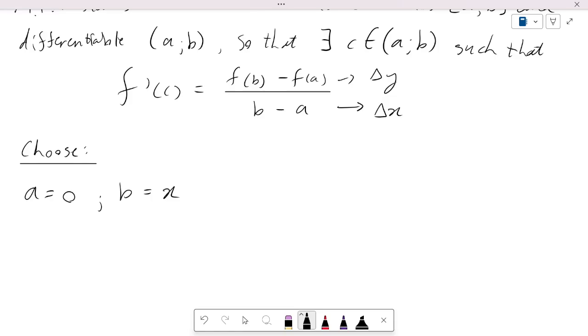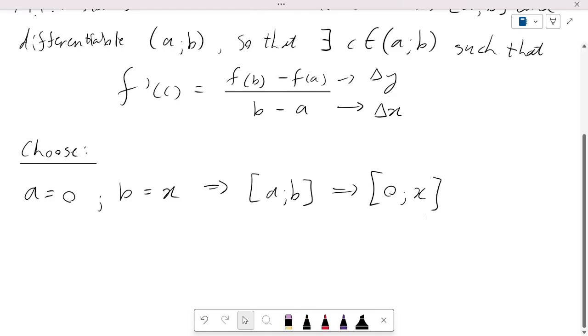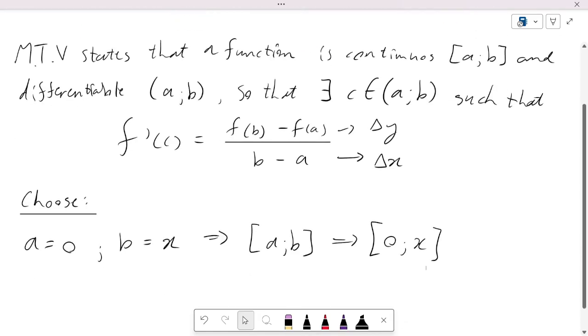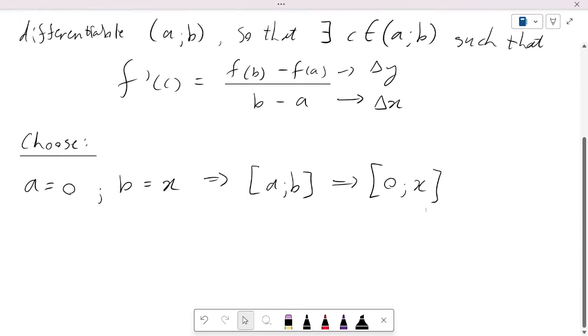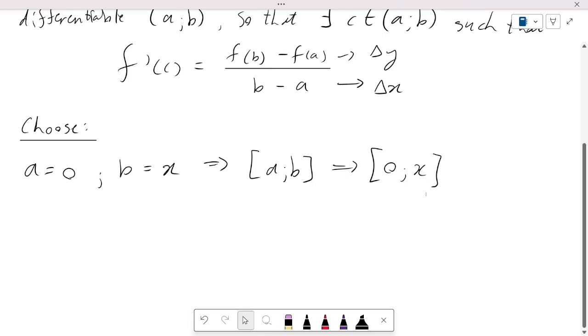Now, why am I saying this? Let's look at the closed interval of a and b, right? We can see that we chose a to be equal to 0. So we are going to write the closed interval between 0 and our b, which is going to be x. Now, the reason why it's a closed interval is because we need to actually use mean value theorem, and if we don't use a closed interval, then we are not using mean value theorem.